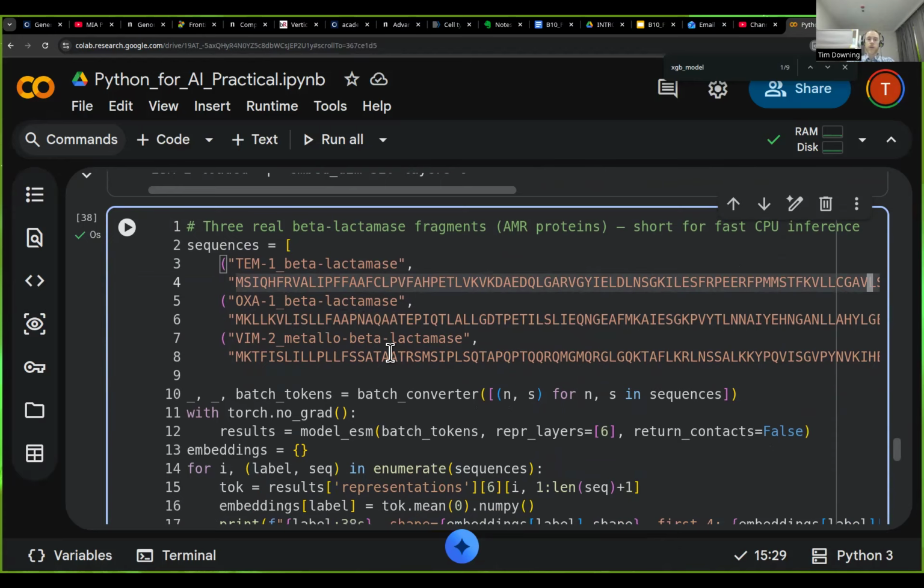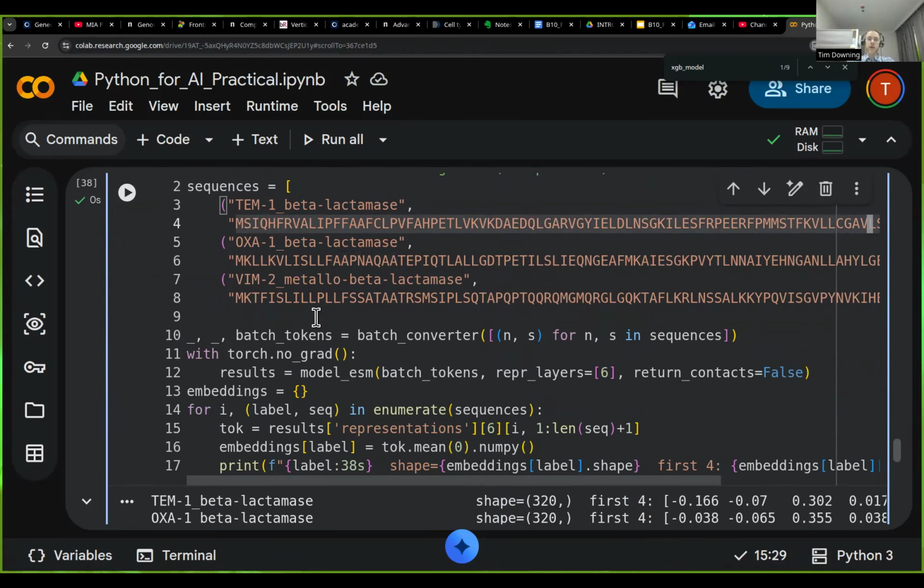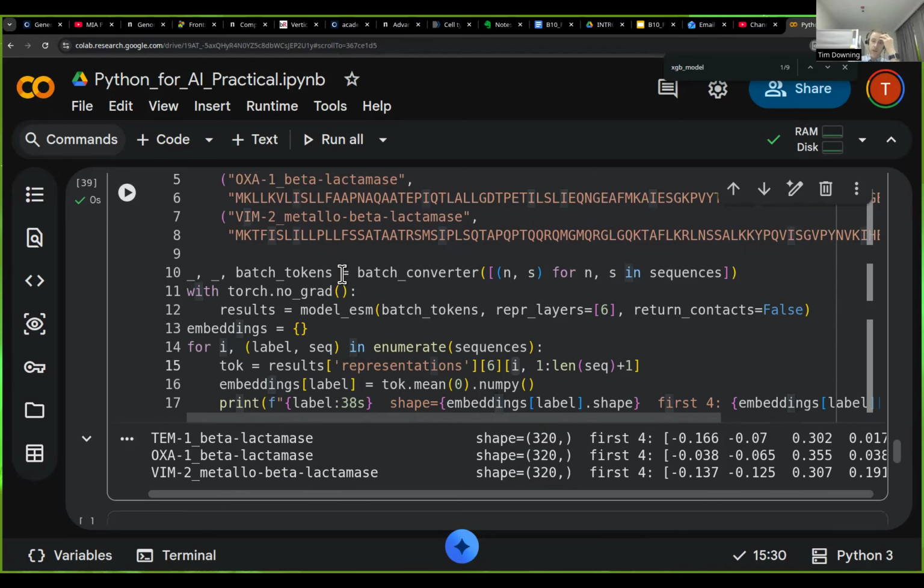And what we can do is take these sequences and send them to our ESM model, where we're treating them as the variable I here, to extract their embeddings.